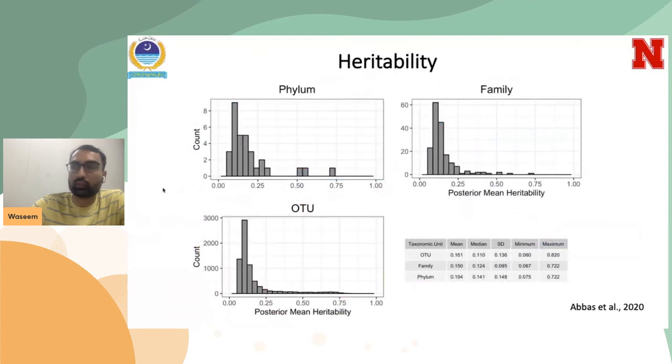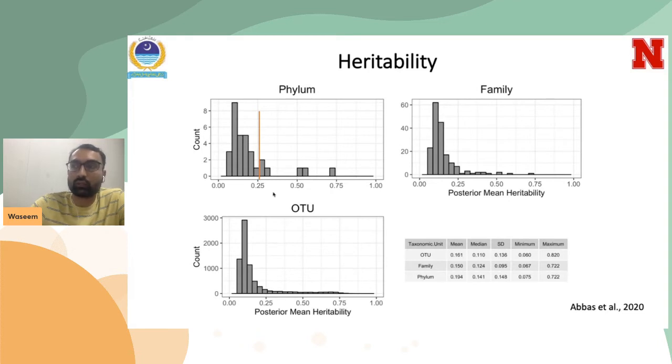To give you an overview of our results, on the x-axis we have the posterior mean heritability. This is how much genetic control the host genetics have on the rumen microbiome, and on the y-axis we have the number of different OTUs or phyla. For example, at the phylum level, 0.25 represents very low genetic control, or low heritability, and as the number approaches one, it means very high genetic control.